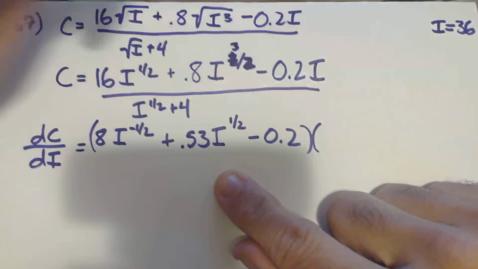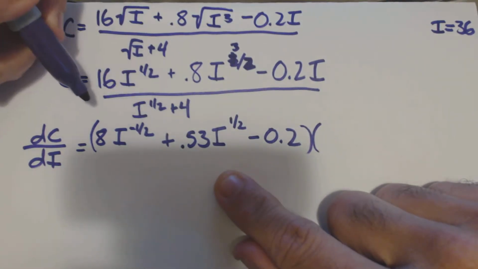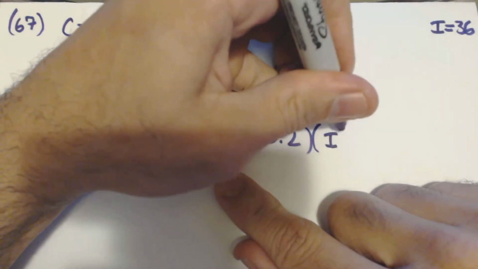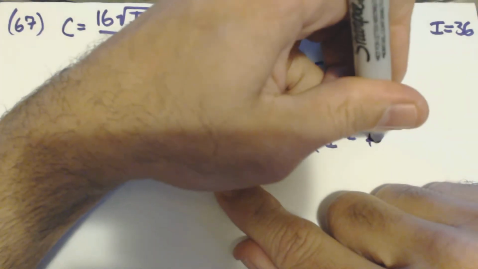And that's going to be times the function in the denominator, which is I raised to the 1/2 plus 4.